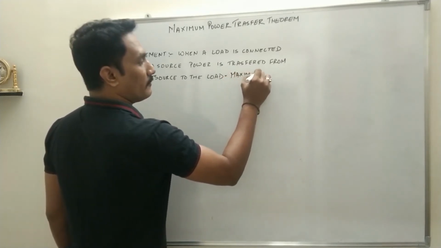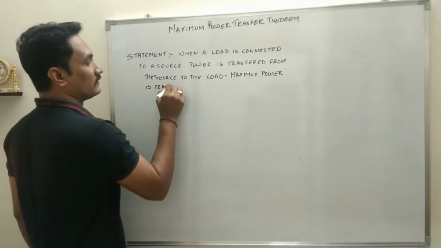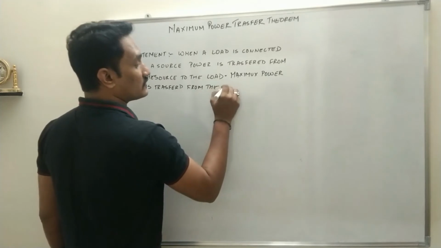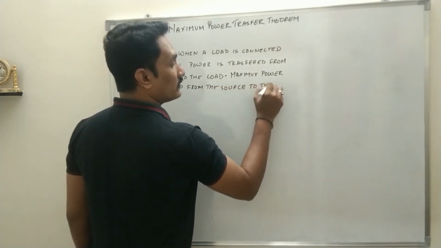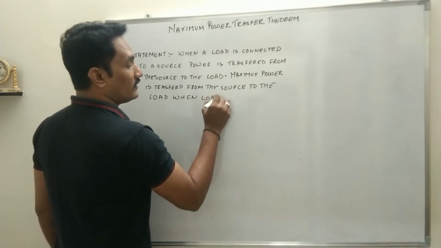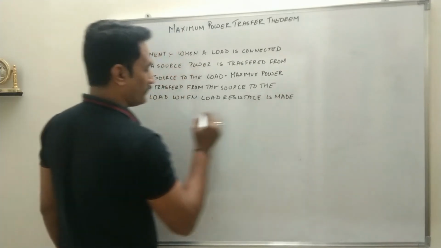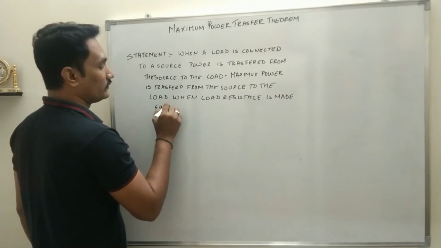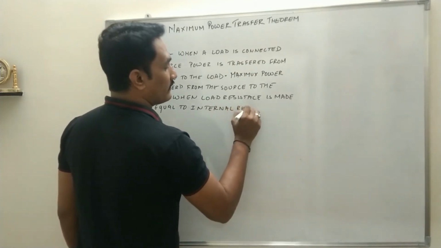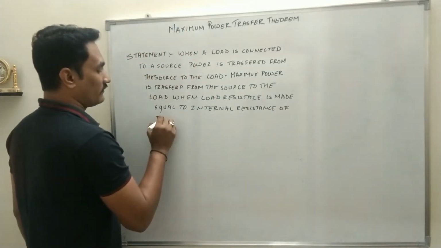Maximum power is transferred from the source to the load when load resistance is made equal to internal resistance of the source.